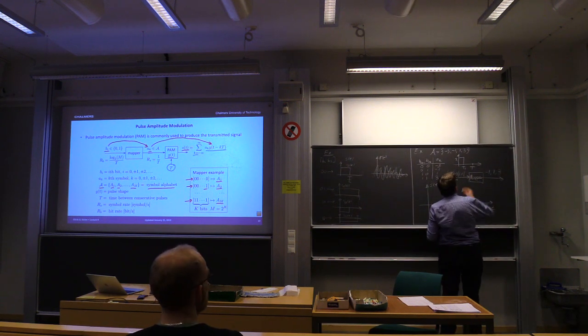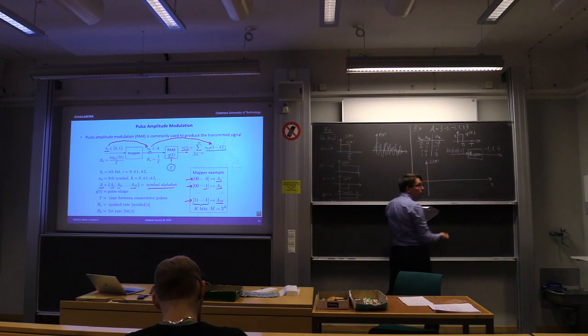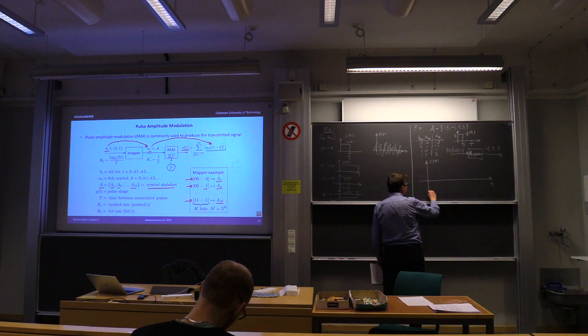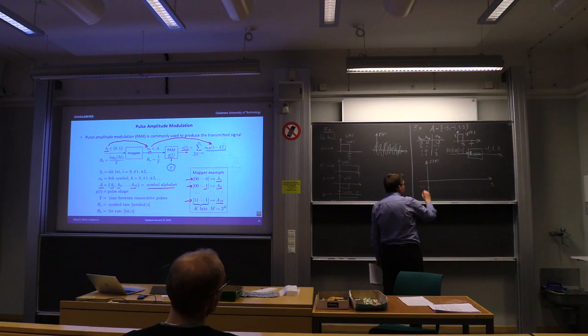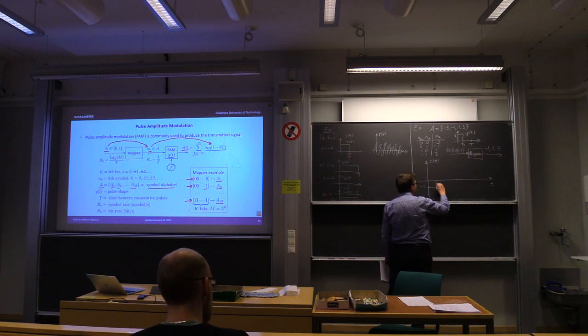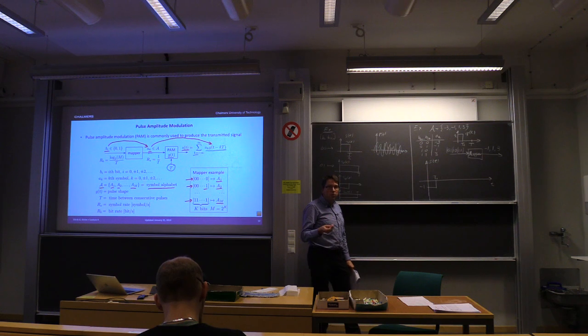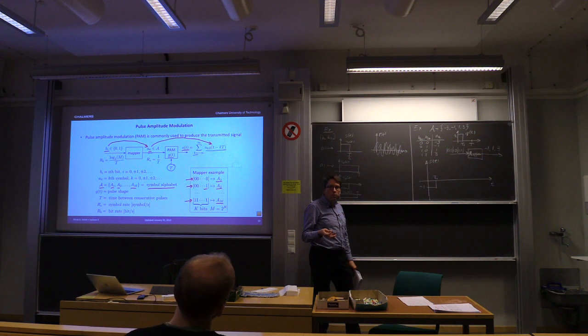Okay. This is g of t. And that's our first part of the transmitted signal. So it will have amplitude -1. It will go like this, and it will terminate at time t0. Okay. So that's the first amplitude that we send, the first symbol.